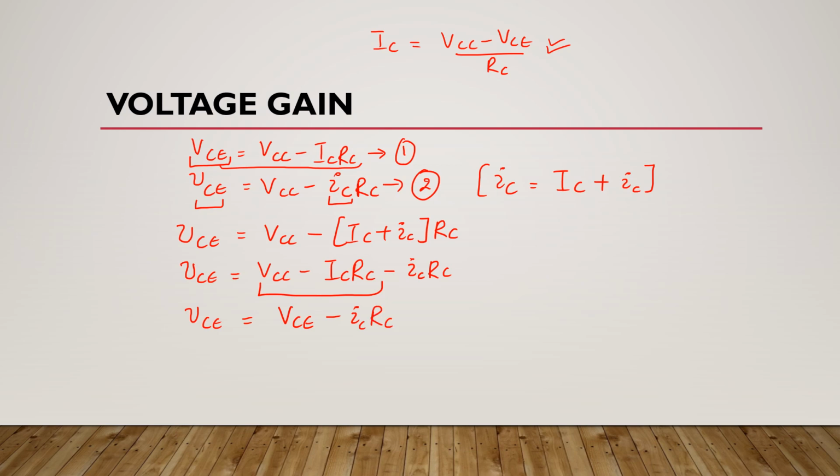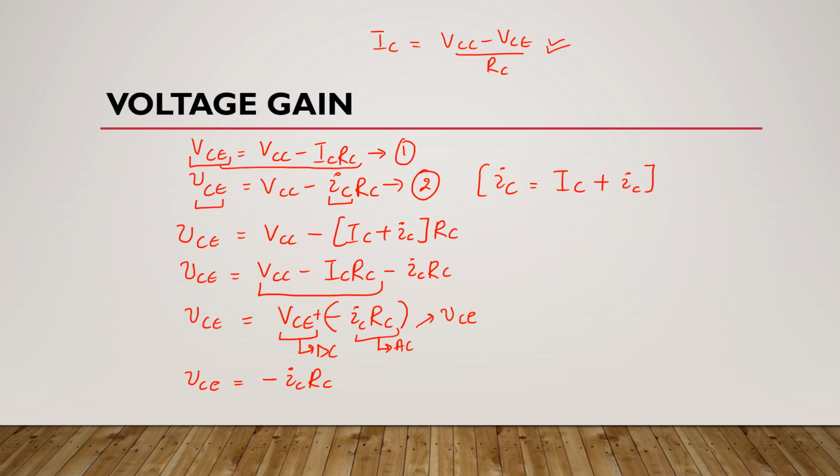Now we know that this instantaneous collector to emitter voltage is equal to DC collector to emitter voltage plus AC collector to emitter voltage. It means if I write plus sign here, then this whole term is written in bracket with this negative sign. And we know that we write AC quantities in lower case with lower case subscripts. So if I write this AC quantity here, it is equal to minus ICRC.